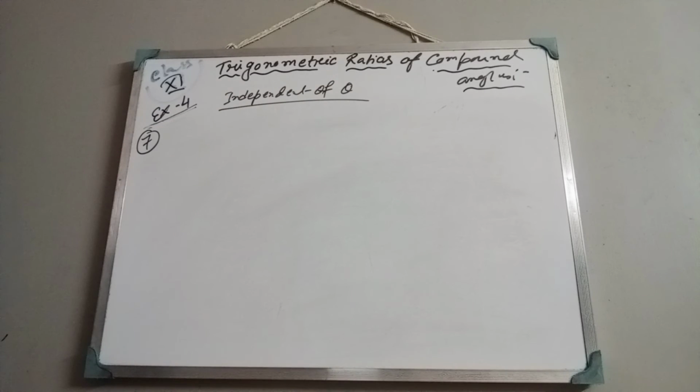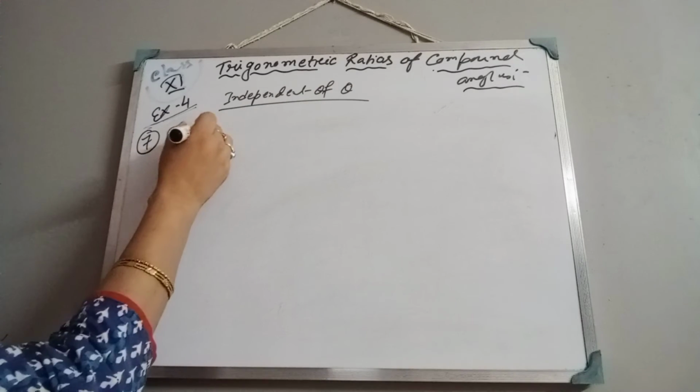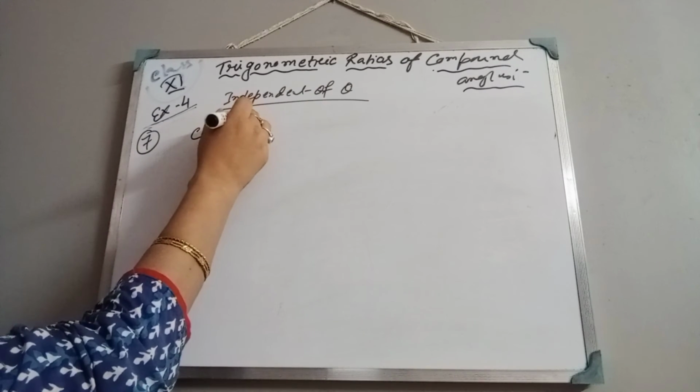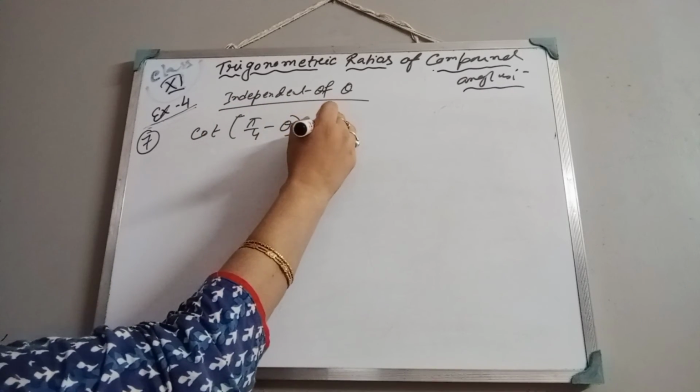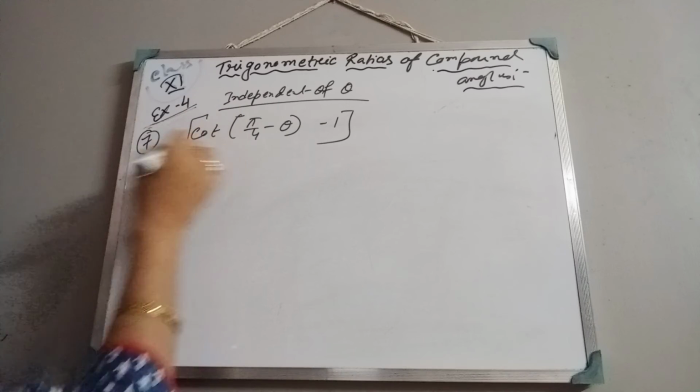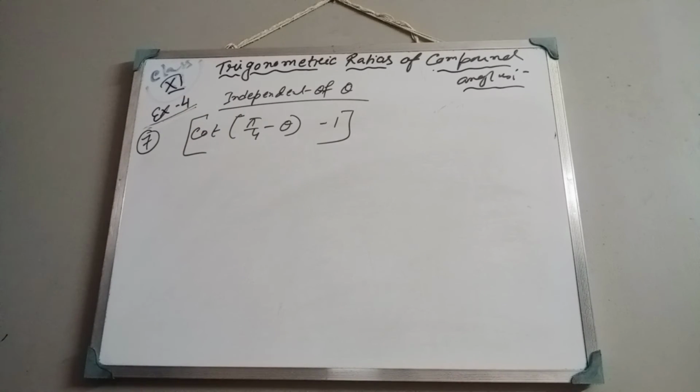That we have to prove. What is the expression? Expression is cot of pi by 4 minus theta, minus 1, into cot theta minus 1.